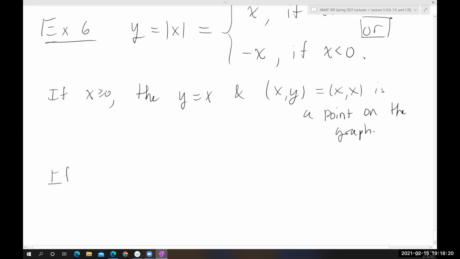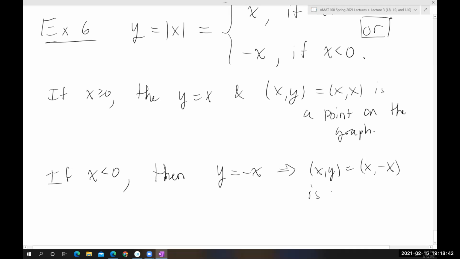However, if x is less than or equal to 0, then by definition y is going to be equal to negative x. So this implies that (x, y), which is the same thing as (x, -x), is a point on the graph.